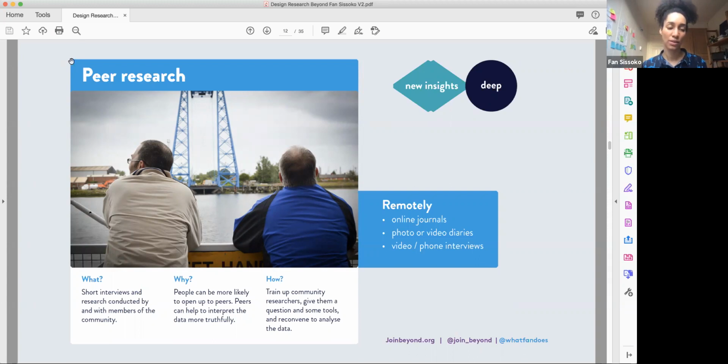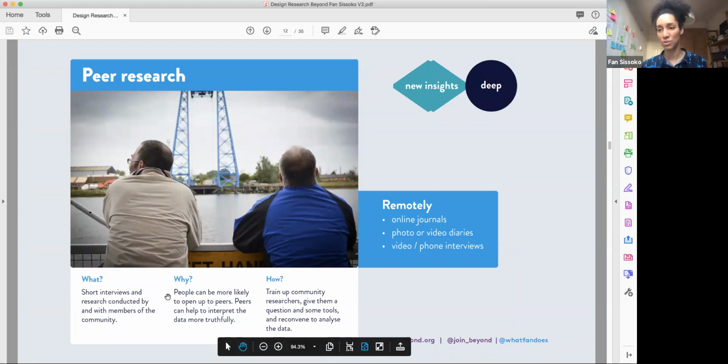So when it comes to that, working with peers can be really useful. Also because people can be more likely to open up to peers. And then peer researchers can also help you to interpret the data more truthfully.